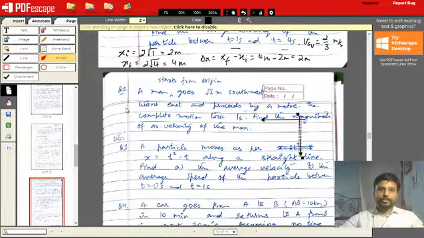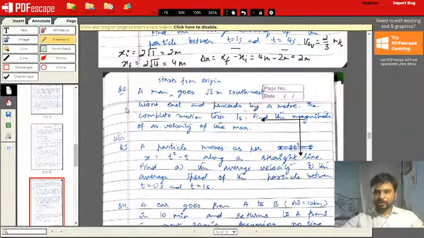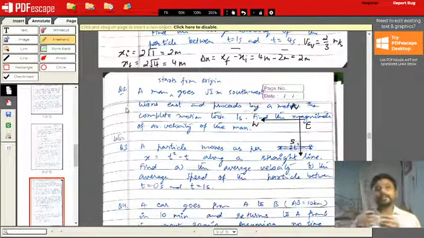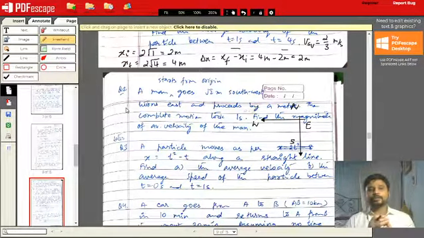Let's say this direction is east, this direction is north, then opposite to north we will have south, and opposite to east we have west. When it is given that a particle is traveling in southwest direction or southeast direction without mentioning the angles, then we have to assume that the particle is traveling along the 45-degree angle line.